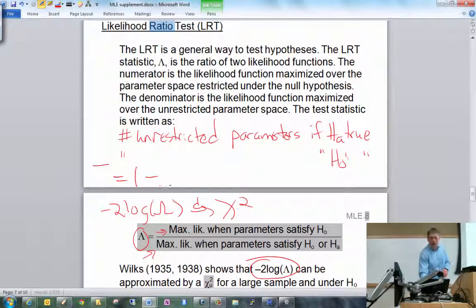The number of unrestricted parameters in the null hypothesis is 0. So that's how I figure out my degrees of freedom. Notice there's only one parameter, essentially, with a Bernoulli distribution, and we are restricted in H0. So unrestricted parameters, 0 in H0.